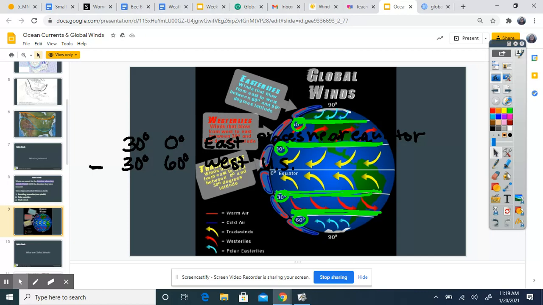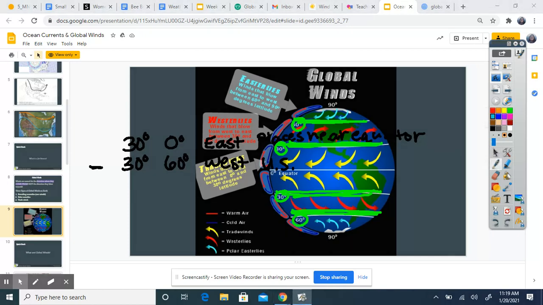So you're also going to look at the polar easterlies here and here and see where they're starting or where they're going. And then you need to Google for the jet stream, which is a fast-moving tube of air that flows from west to east, high above the U.S., and we'll learn more about that later in the week.